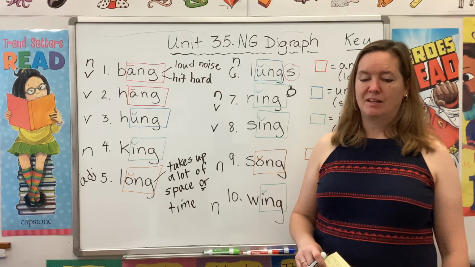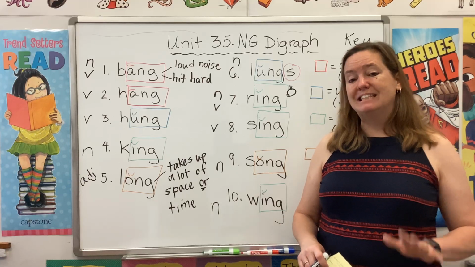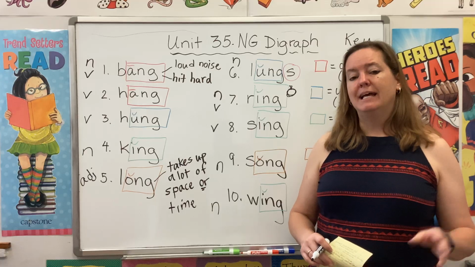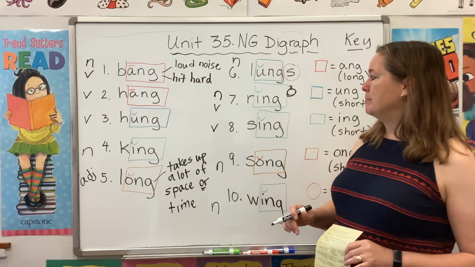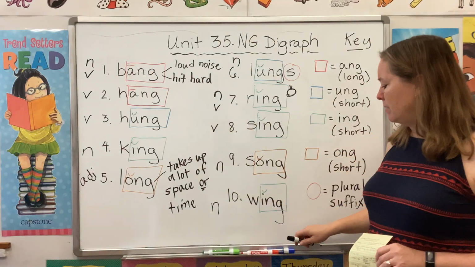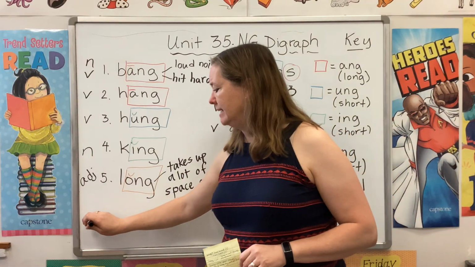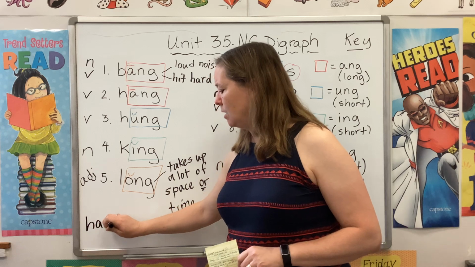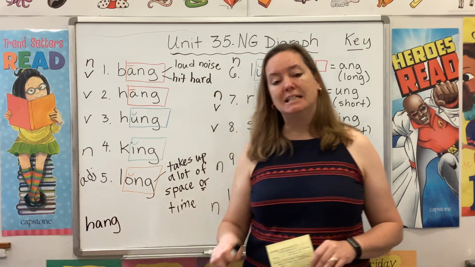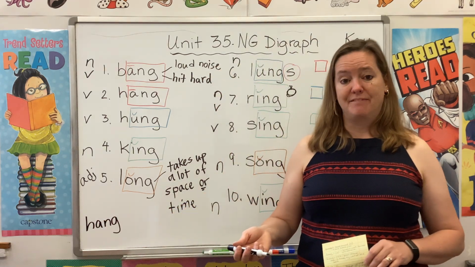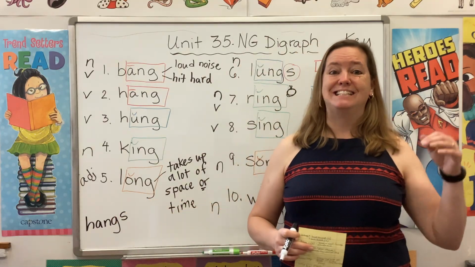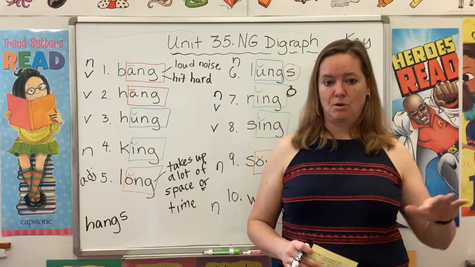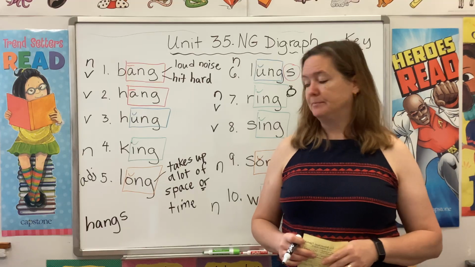Okay, the last thing I want to talk about with you today is suffixes again very quickly because I want you to notice that when we have a word like hang, which is a verb, we can change its meaning slightly by adding a suffix. So we could add the S. My brother always hangs his towels over the stair rail.